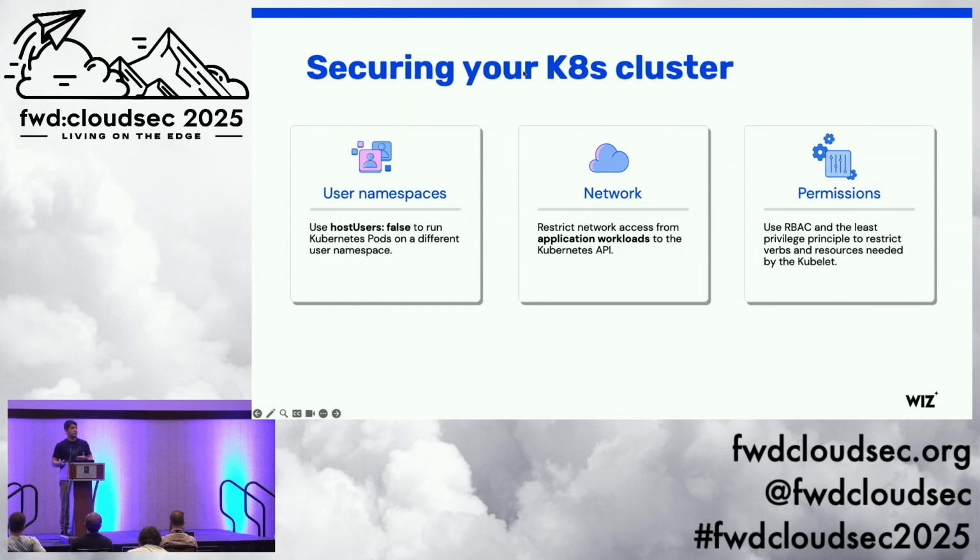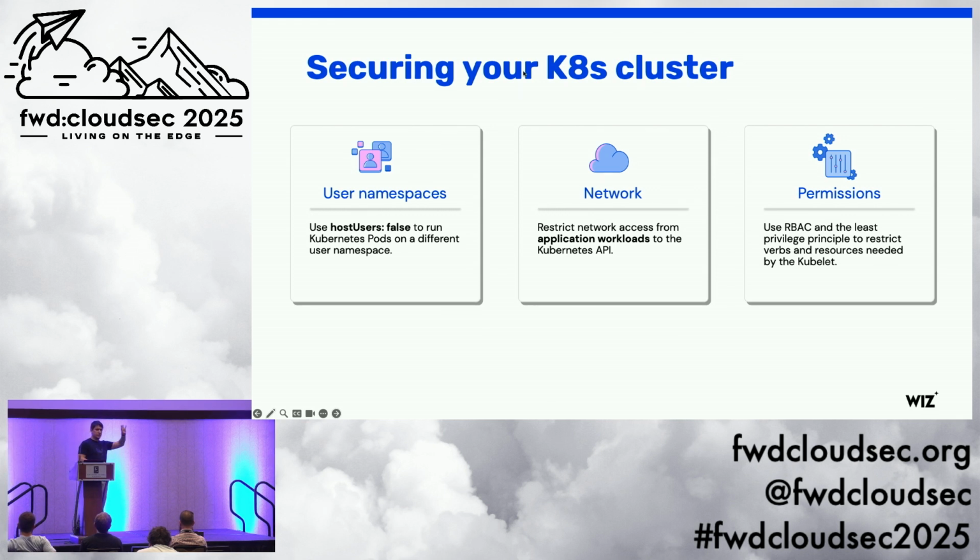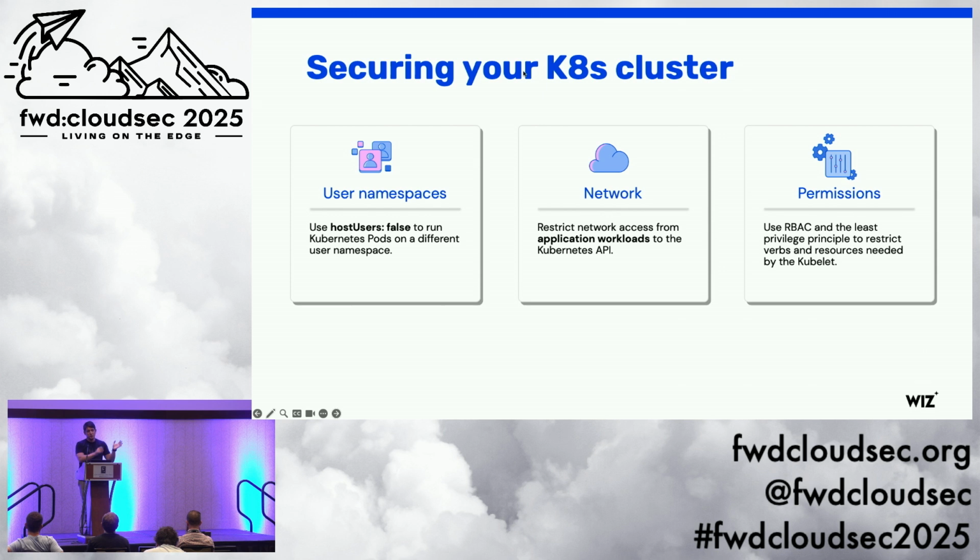So whenever possible, restrict access from your application, or for the applications running on pods, to the kube API. Sidecars and other components in your cluster still need that connection, but most likely the application running there doesn't need it.